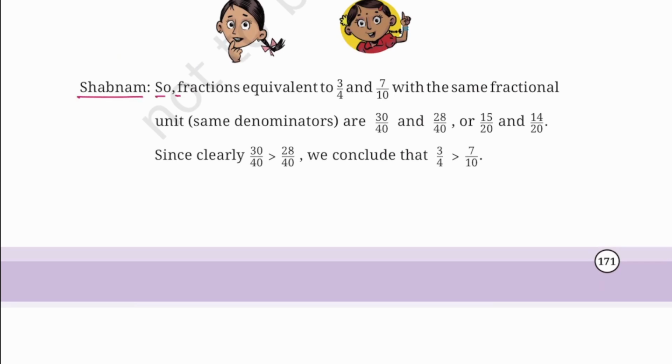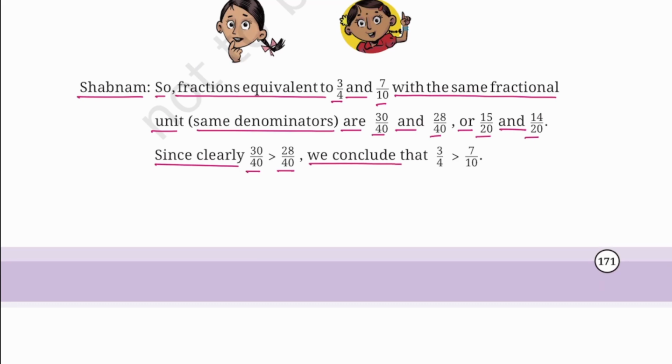Subnum: So, fractions equivalent to 3 upon 4 and 7 upon 10 with the same fractional unit, same denominators, are 30 upon 40 and 28 upon 40 or 15 upon 20 and 14 upon 20. Since clearly 30 upon 40 is greater than 28 upon 40, we conclude that 3 upon 4 is greater than 7 upon 10.